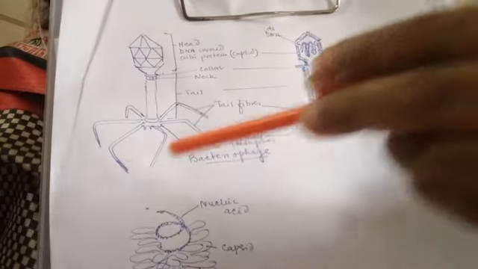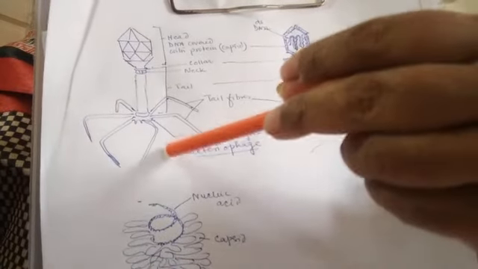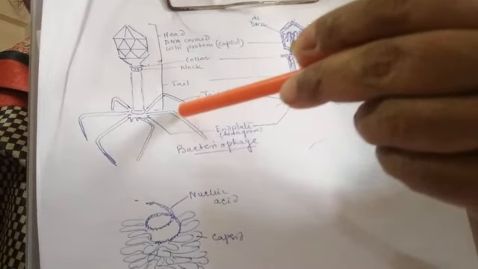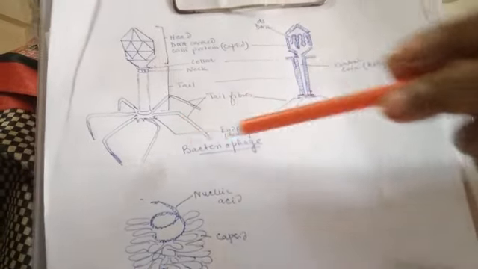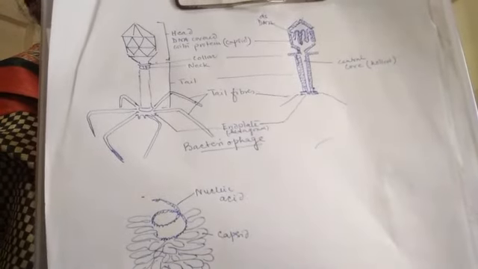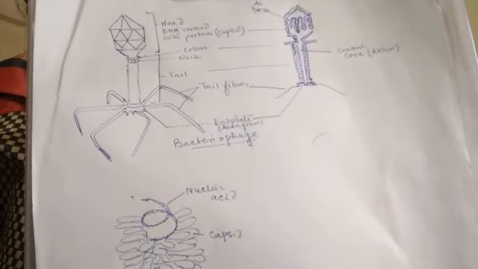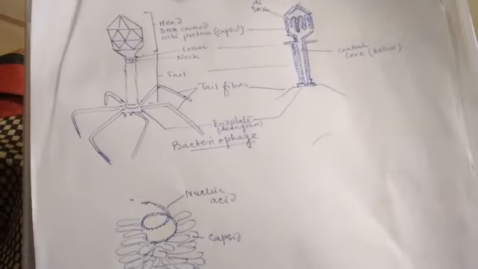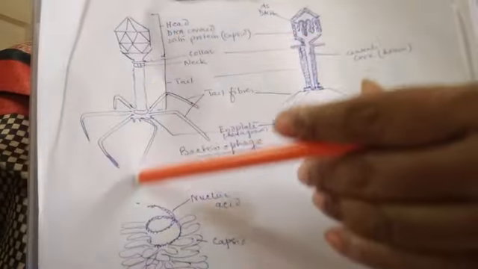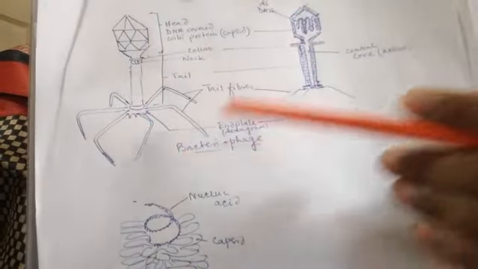When the bacteriophage moves onto any surface, it is this particular part whereby it gets attached. So this is about bacteriophage, and they have a lytic life cycle. When it attacks bacteria, it multiplies and causes lysis of the bacteria and comes out.